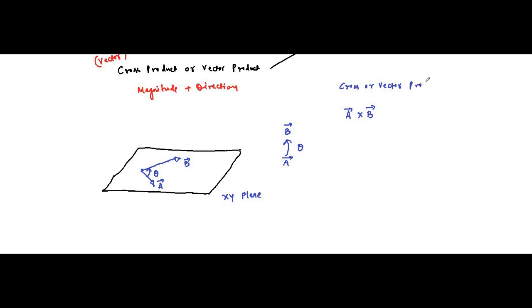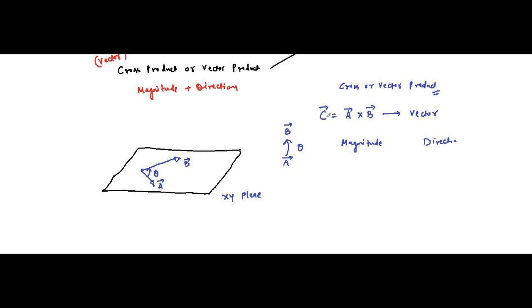So the result that we are getting is also a vector. Now again, a vector has two requirements. First is magnitude, second is direction. So let us call the resultant vector C vector. Okay, the cross product of A vector and B vector gives us C vector.